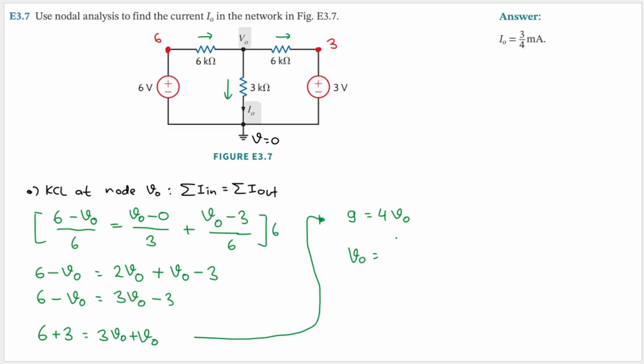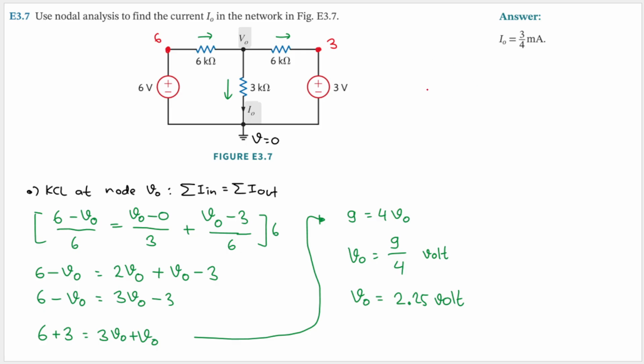V0 is 9 divided by 4, and the unit here will be volt. Or if we want to write it in decimal, we will have 2.25 volts. But the question is not asking about V0, it is asking about I0.